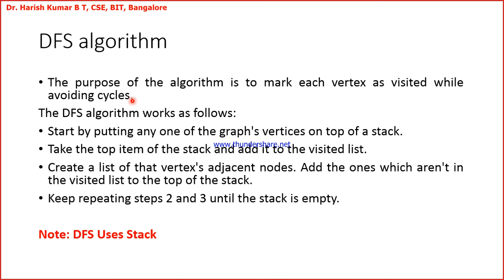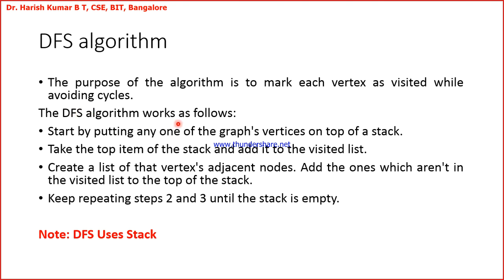After you traverse, you get something called a spanning tree, which means there will be no cycles. You visit each node in the graph without forming a cycle. That is the purpose of this algorithm, and it is the same for BFS also.